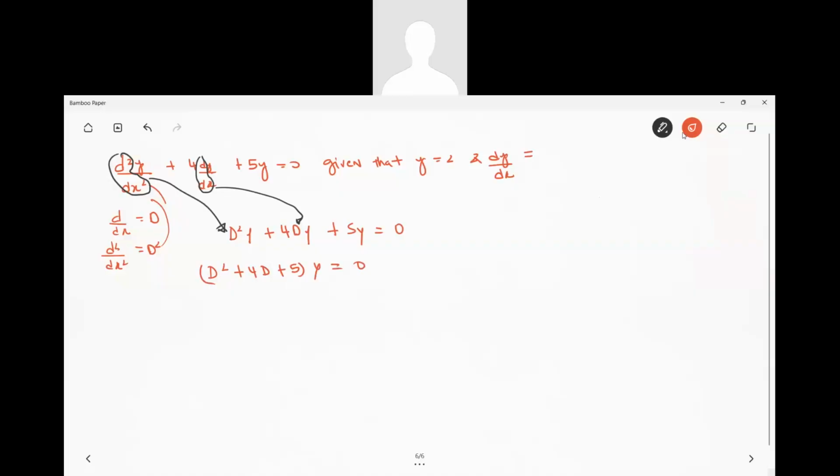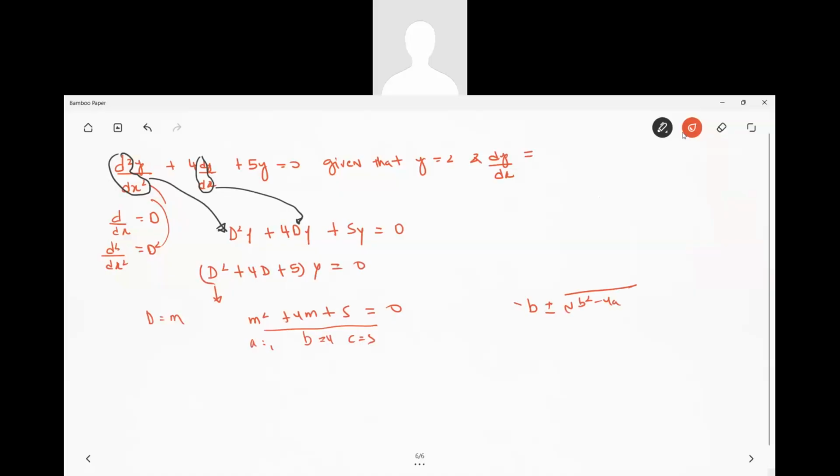Now put this in terms of m, D is equal to m, and write m square plus 4m plus 5 equals 0, right? Now you just use the discriminant formula. Here the a value is 1, b value is 4, c value is 5. We have the formula minus b plus minus square root of b square minus 4ac, divided by 2a.